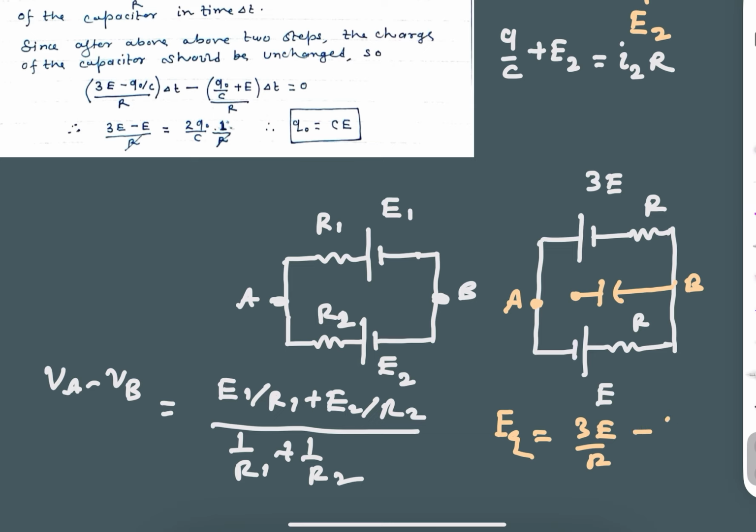So I will put here minus E by R upon 1 by R1 plus 1 by R2. So you will see that E equivalent will come out to be simply E. It will be simply E, equivalent EMF between these 2 points, right?